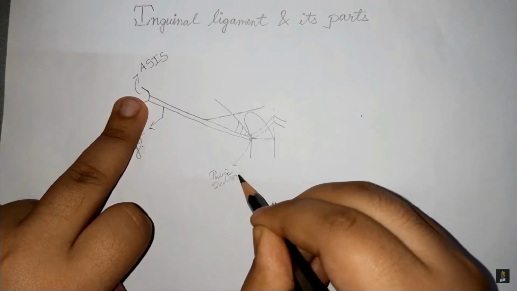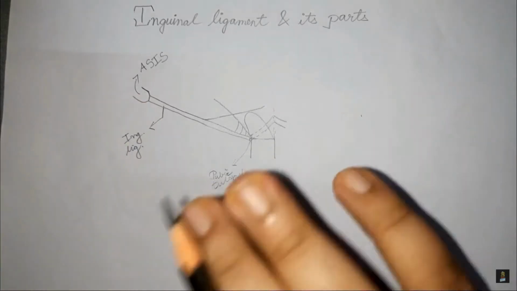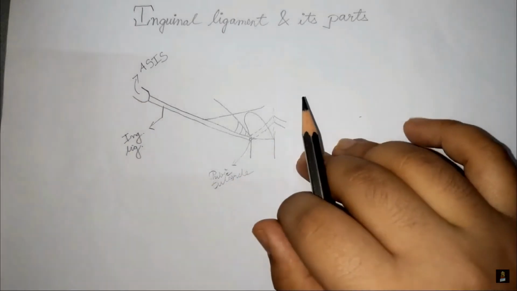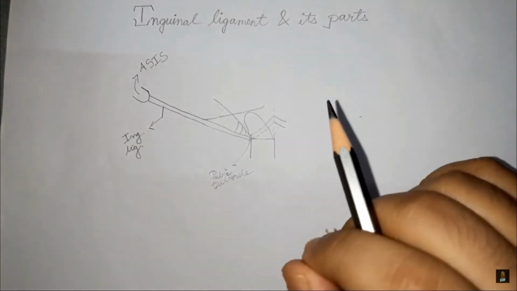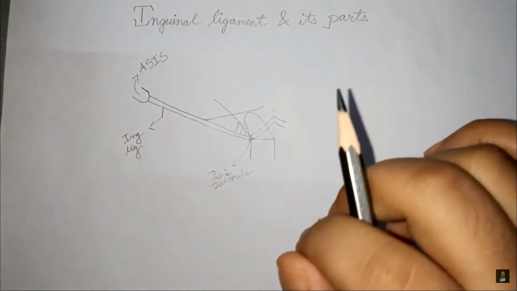Very, very important point. This pubic tubercle will serve as a point of attachment for many other associated structures of this region. So that's the attachment of the inguinal ligament.